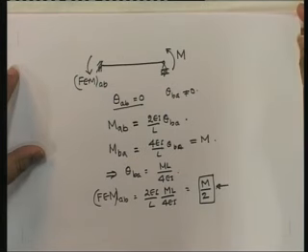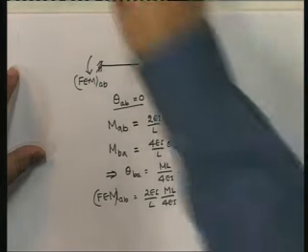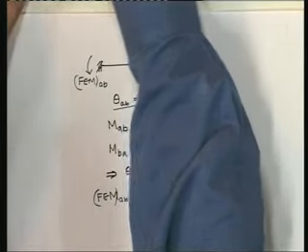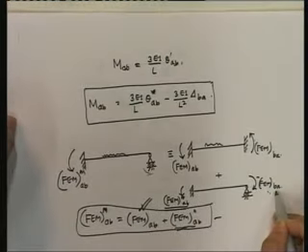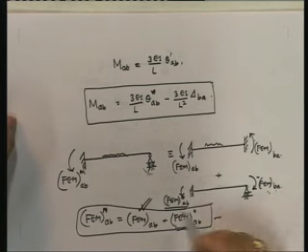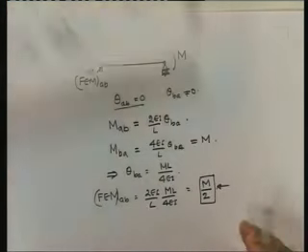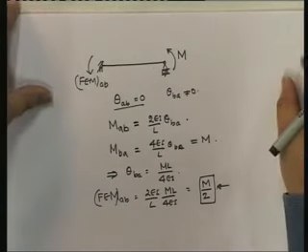And since I am applying minus fixed end moment at BA, what is this fixed end moment equal to? It's going to be equal to minus fixed end moment at BA upon 2. So what does that become?